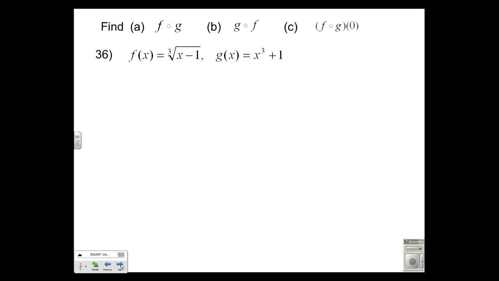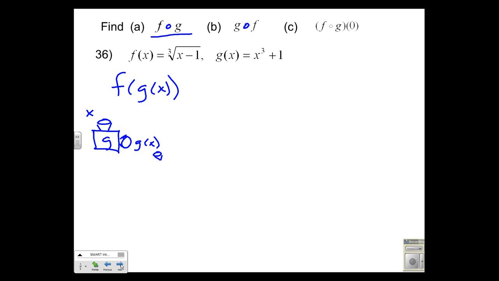Okay, this is the combination of functions that I find kind of interesting. And some people will call this fog and gof. This is really f of g of x. And I really like this, it speaks to me, because this says I'm going to take x, I'm going to put it into g, I'm going to get g of x, I'm going to put that guy into a factory called f, and I'm going to see what I end up with.